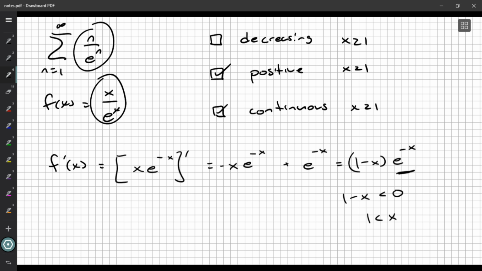Okay, so we really have a choice. What we're seeing here is that the function has a derivative equal to 0 at 1. It peaks right at 1 and then starts decreasing. So depending on how much of a stickler we are for the rules and the inequality signs, we might say this holds for x greater than or equal to 2, and look at a tail.